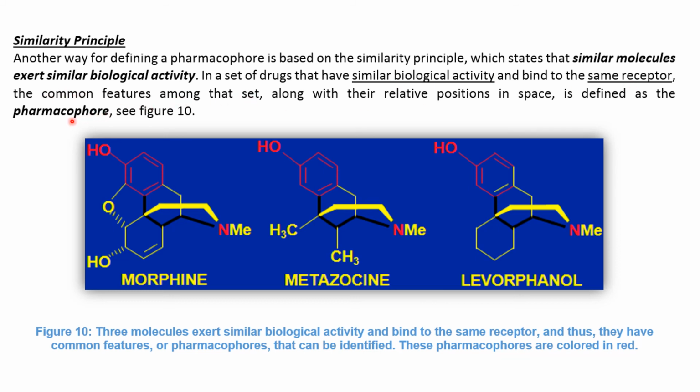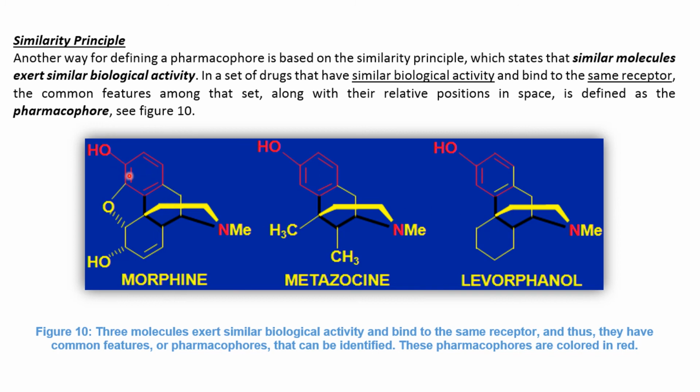These features are defined as the pharmacophore. Let's look at this example here. We have three drugs. They have the same biological activity. All of them are painkillers, and they bind to the same receptor. This means that there must be some common features among all these three molecules, and these common features can be used to define the pharmacophore.